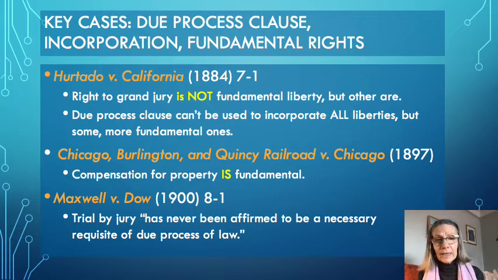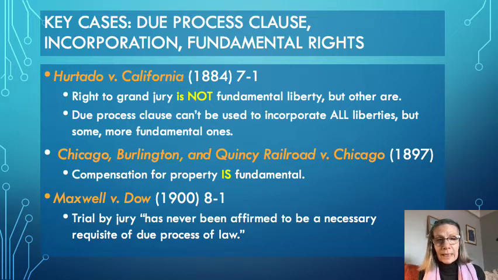They basically said that the right to a grand jury is not a fundamental liberty. And so it's not a liberty that is going to be incorporated to the states. However, they left the door open and said that other liberties could potentially be incorporated to the states.